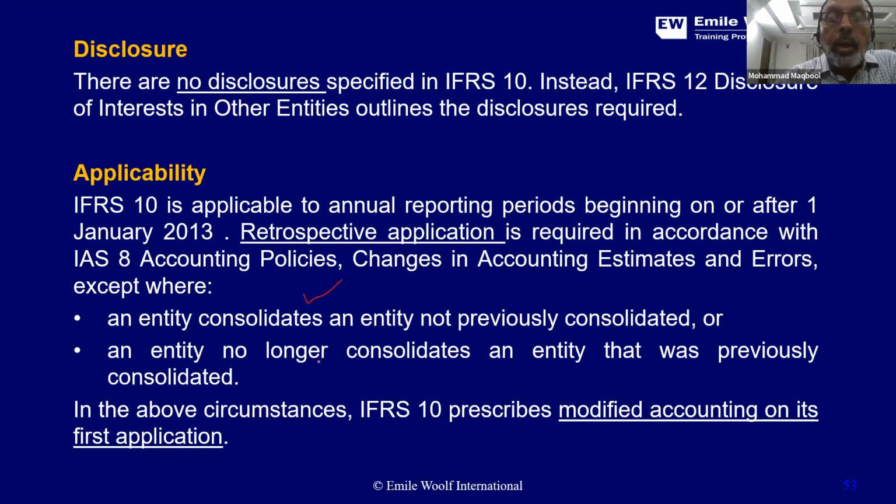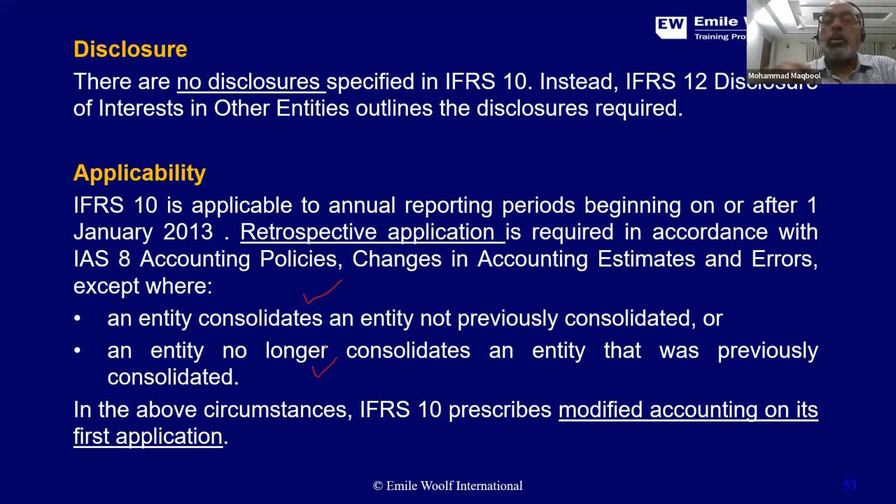Or it could be certain entities which you were consolidating, but with the IFRS 10 control definition, you do not have control there, so they do not need to be consolidated.